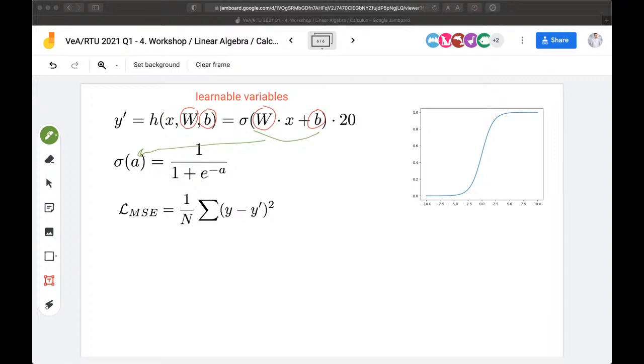So what should be the next step? How can we learn the weight and bias? Using math.